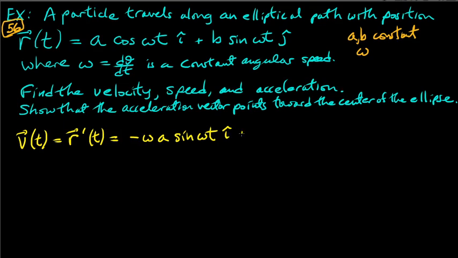And then plus omega times b times the cosine of omega t, and that's the y component, or the j component. And you can factor out an omega. I think maybe we'll do that now. We don't have to, but why not?